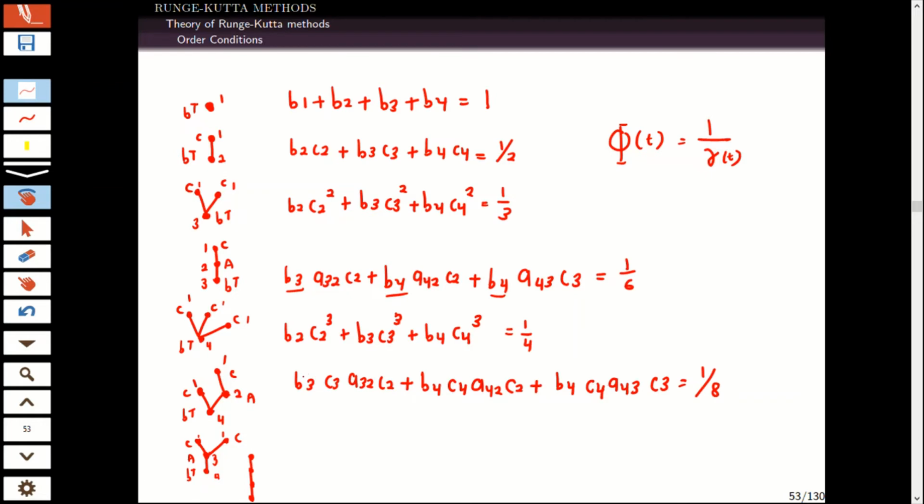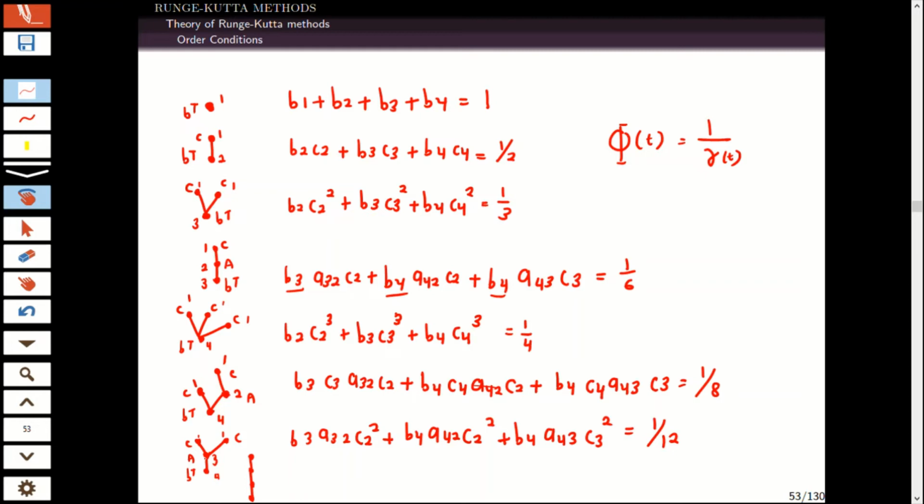So what we do here, we look at this term, and then we have c squared. So we have b3 a32 c2 squared plus b4 a42 c2 squared plus b4 a43 c3 squared equals 1/12.